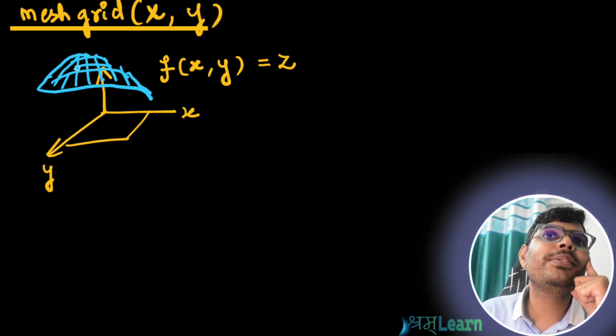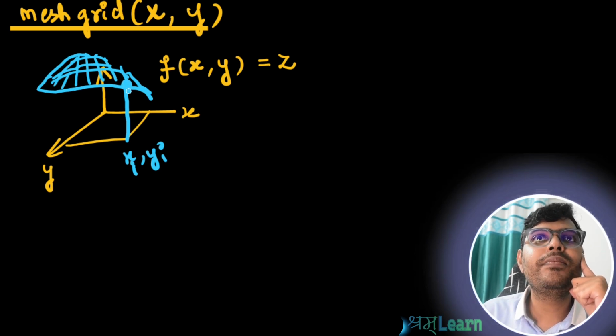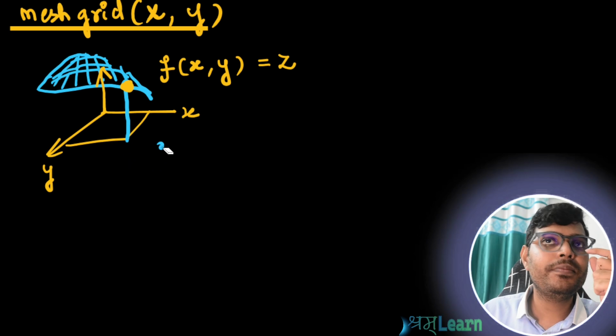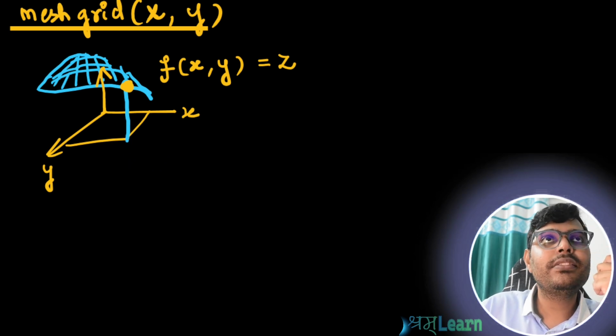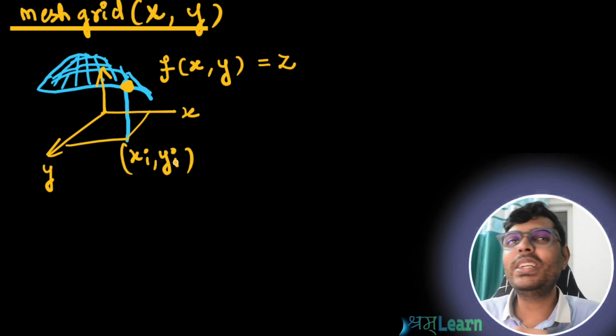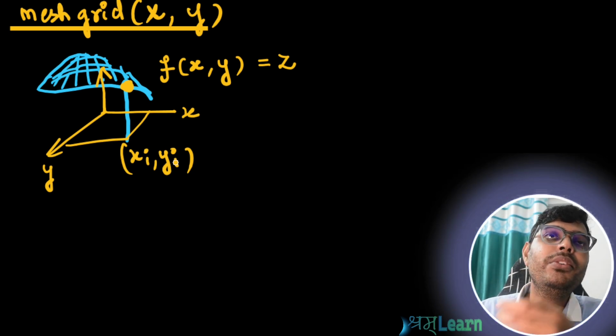So if I choose an xi and yi, I will get a zi, and if I do that for all xi yi, I will get the surface. I am repeatedly saying curve, that's wrong, we are getting a surface.